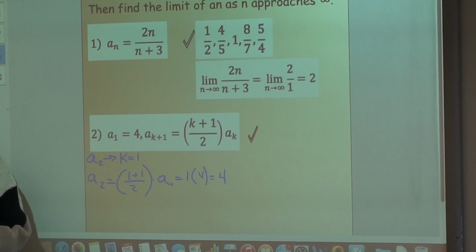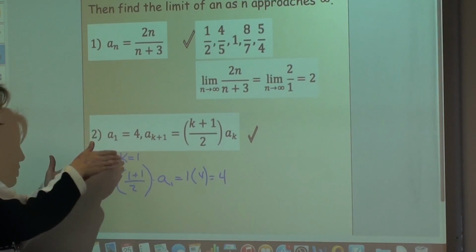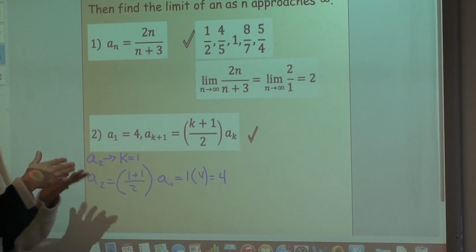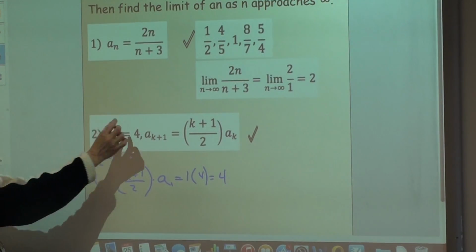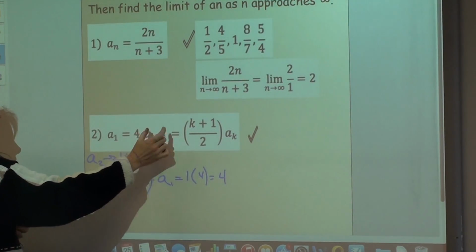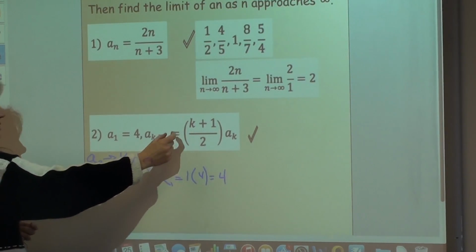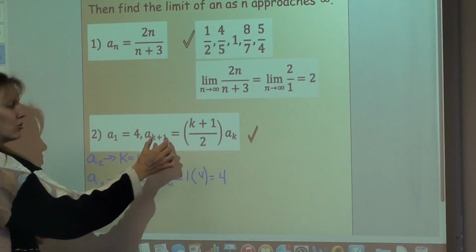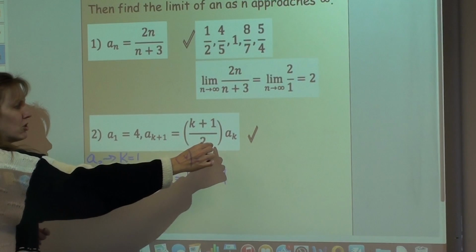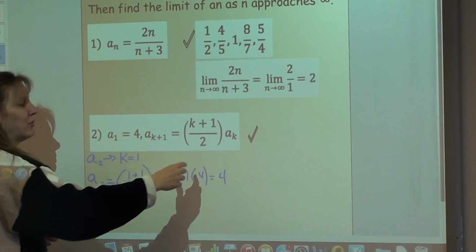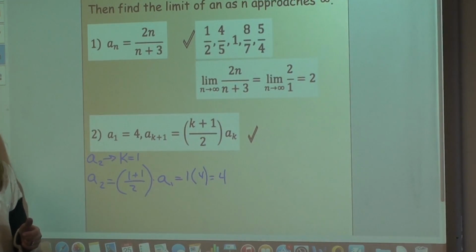The other thing, if you don't like thinking of it as an individual k value like that, you can think of it like this. You could say a sub 2, the next term, is equal to 2 over 2 times a sub k, which would be the previous term.